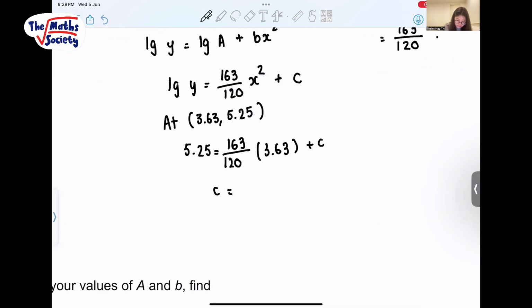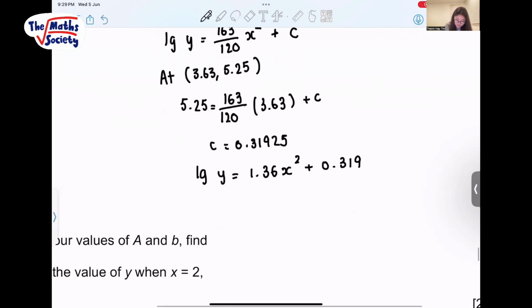So you get c equals 0.31925. And then it's lg y equals 163 by 120, which is 1.36 x squared, and then plus 0.319. Let's leave that at 0.319, 3 decimal places.